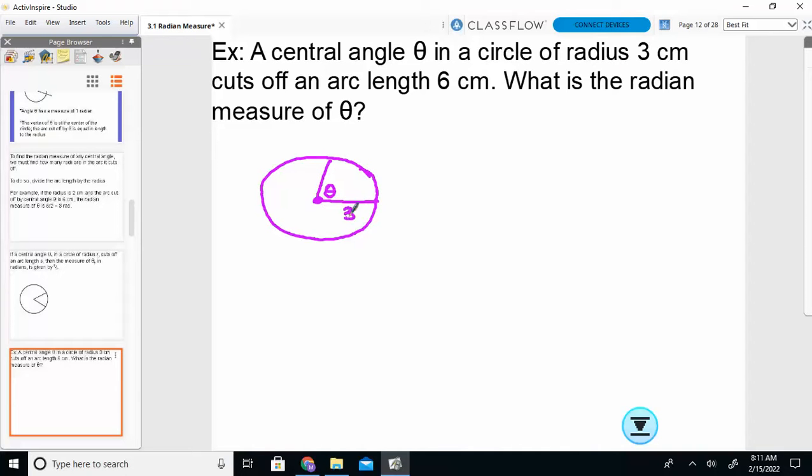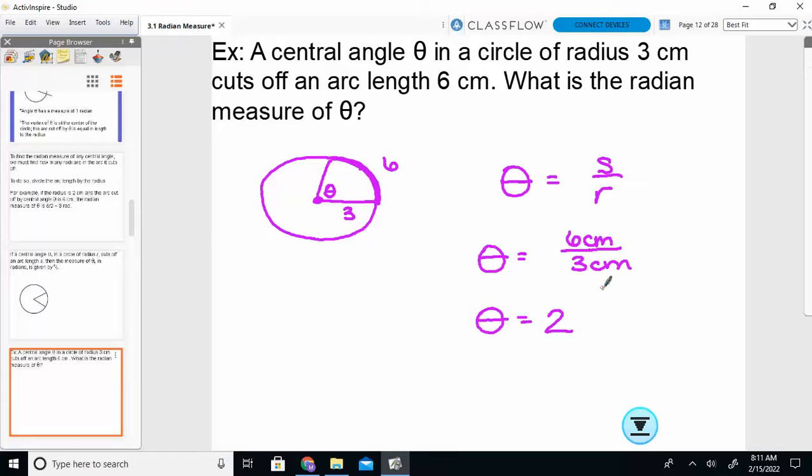I'm telling you the radius is 3 and the arc length, this distance on the outside of my circle, is 6. So if I want to find my angle, all we have to do is the arc length divided by the radius. So my arc length is 6 centimeters. My radius is 3 centimeters, so how big is this angle?